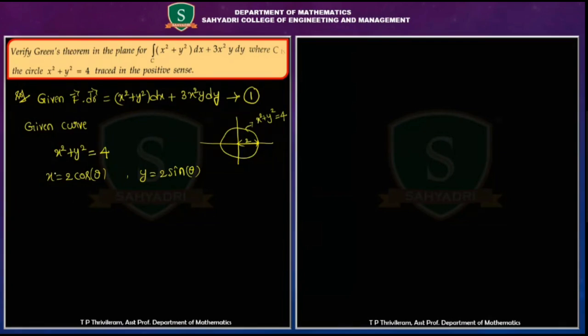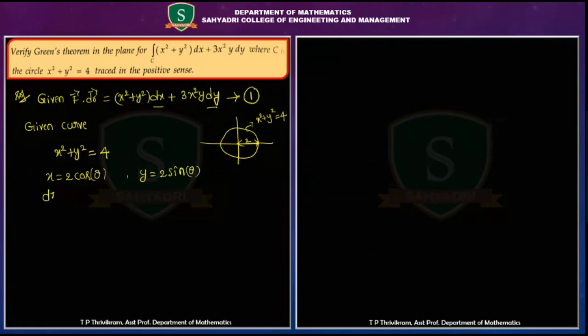Here dx is also there, dy is also there, so you have to differentiate with respect to theta. Theta is not compulsory, you can take it as cos t, sin t. Any variable is fine.